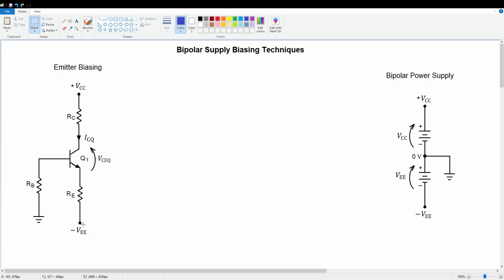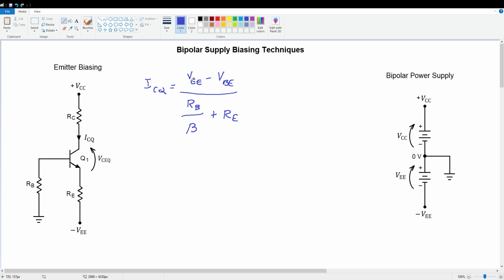It's a pretty straightforward process to determine that ICQ for this circuit is equal to VEE minus VBE divided by RB over beta plus RE. This is derived basically the same way we've done it for all the previous circuits. The only difference is we end up with VEE up here instead of VTH or VB.